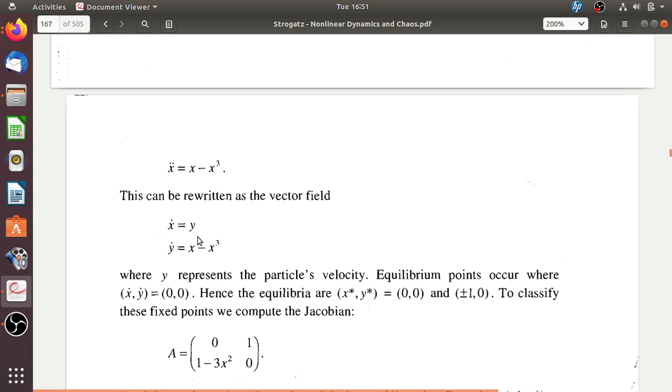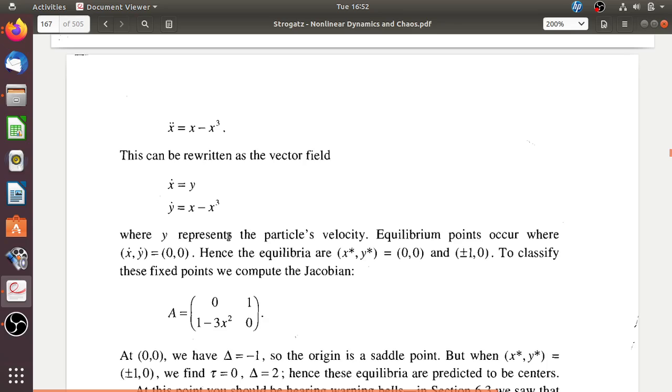Identifying the fixed points is easy. y is equal to 0, and y dot will go to 0 when x is equal to 0 or x is equal to plus or minus 1. From that we could identify these three are the fixed points.